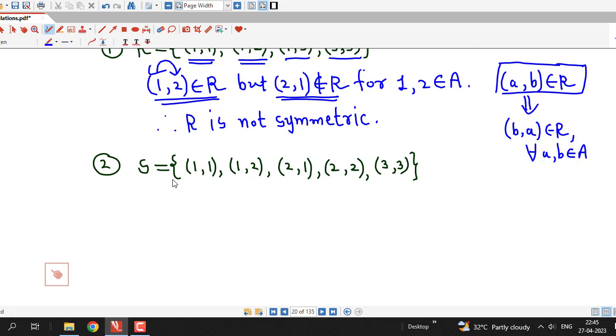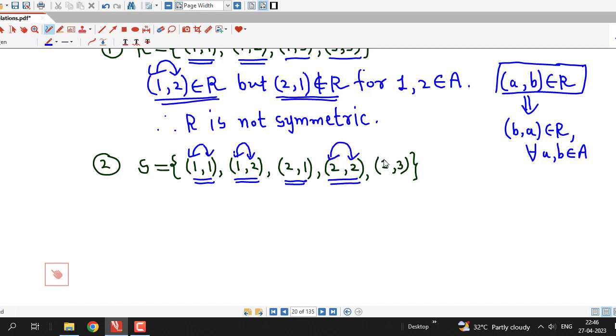The second relation is given by capital S equal to this set of ordered pairs. So 1, 1 is present in S. If we change the order of these two, we obtain the same pair. Then 1, 2 is present. If we interchange these two, we have 2, 1, which is also present. Then the diagonal element 2, 2.